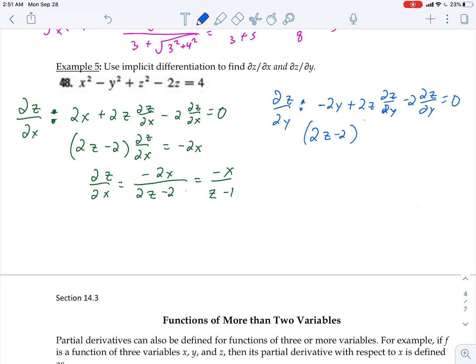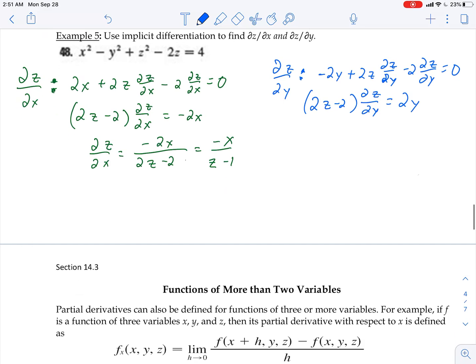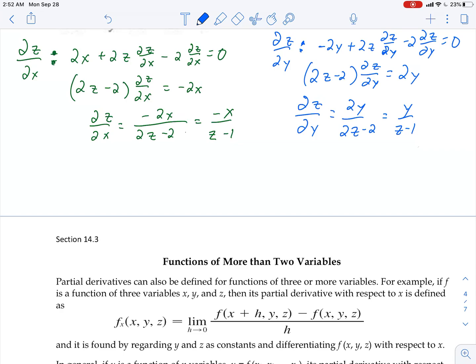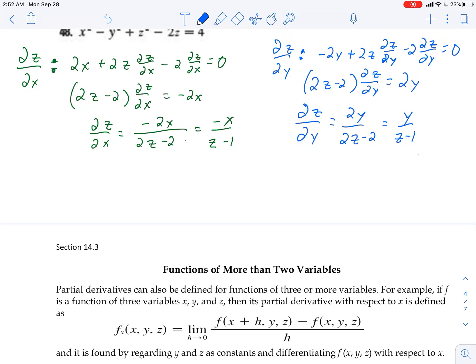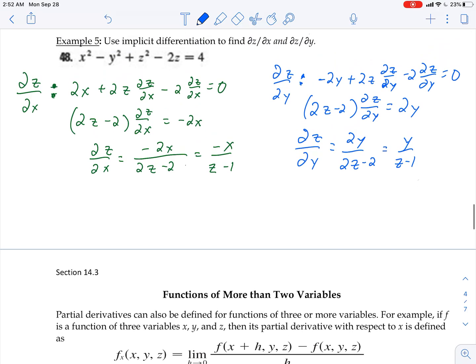So then I'm going to keep my partials on the same side, equal to 2y. Divide, and so partial z with respect to y is equal to 2y over 2z minus 2. Again, we can get rid of the 2's and get y over z minus 1. And we're left there.